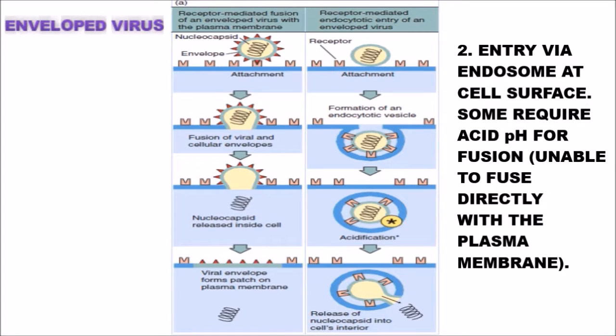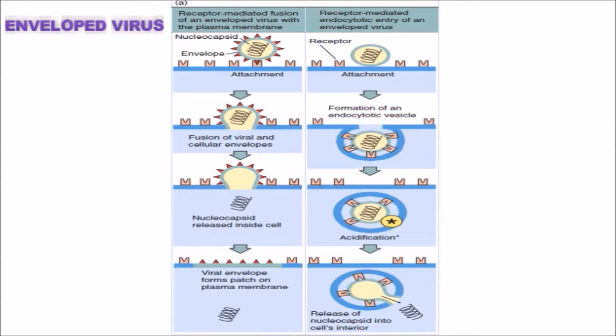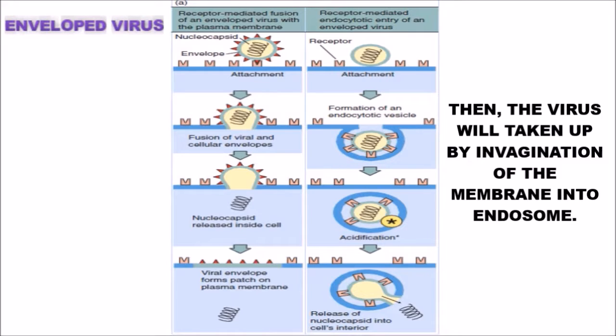The second entry is via endosome at the cell surface. Some viruses require acid pH for fusion because they are unable to fuse directly with the plasma membrane. The virus will be taken up by invagination of the membrane into an endosome.